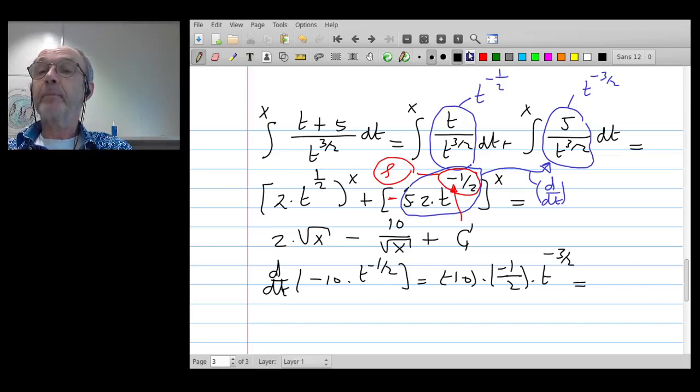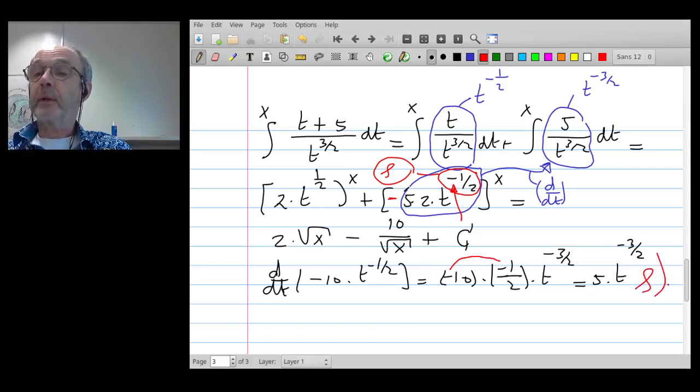And you see, if you multiply those together and you divide the 10 by 2, you get out of it 5 times t to the power minus 3 over 2. And so you see how you can check if your calculations are right or not.